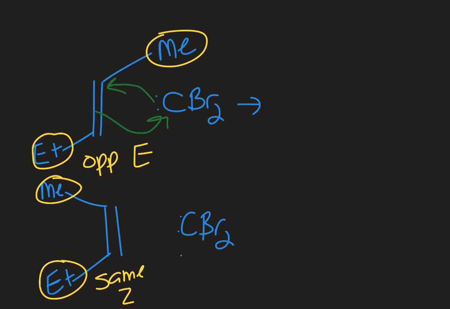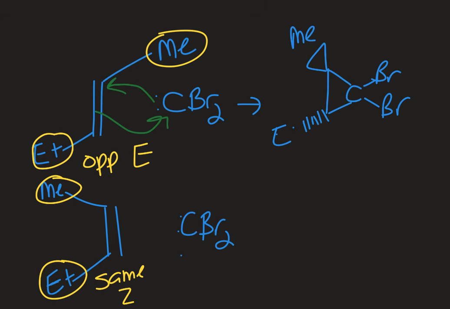And so that gives me, I'm going to draw the cyclopropane ring that we form, and you will only see product where the methyl and the ethyl are opposite one another still. So they were opposite one another on the double bond, and they are opposite one another on the cyclopropane ring that's formed. So if the methyl is forward, the ethyl is back, and vice versa.